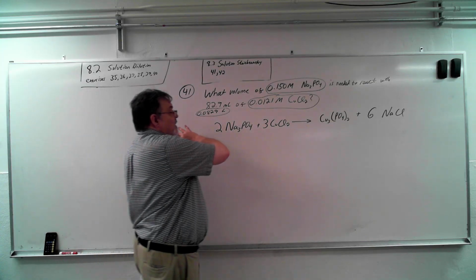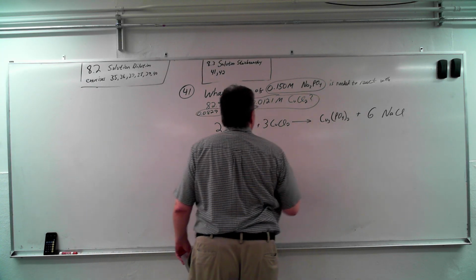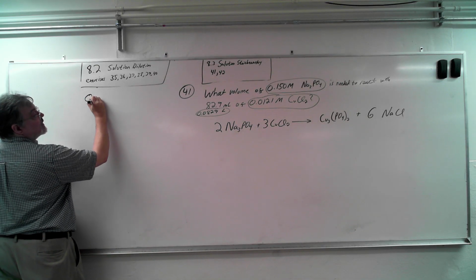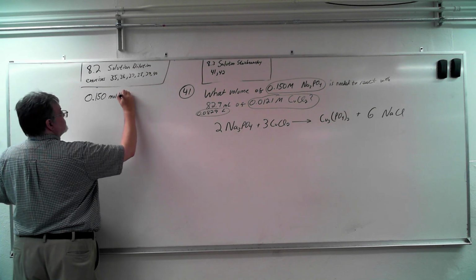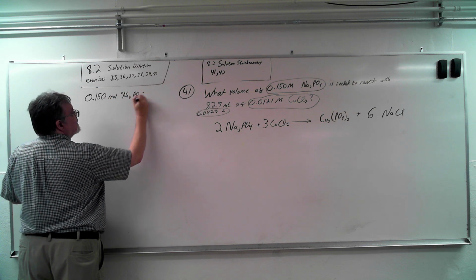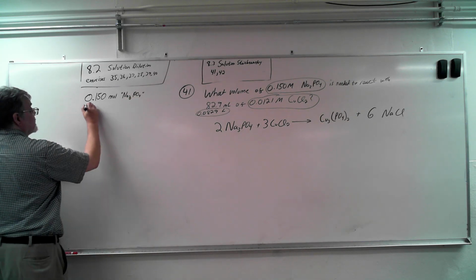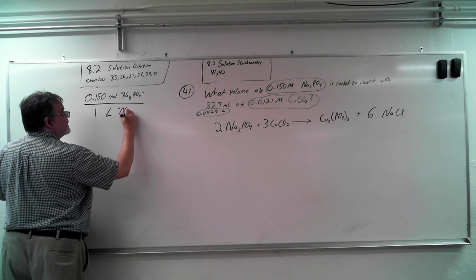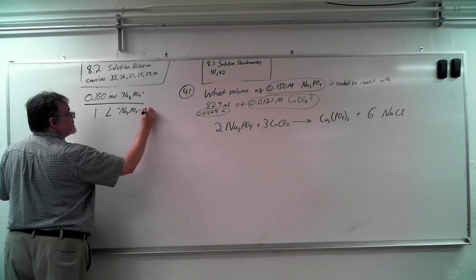All right, so here's the pieces you want. Just starting here, being asked for volume, 0.150 M Na3PO4. I will write that as 0.150 moles of Na3PO4 to 1 liter of Na3PO4 solution.